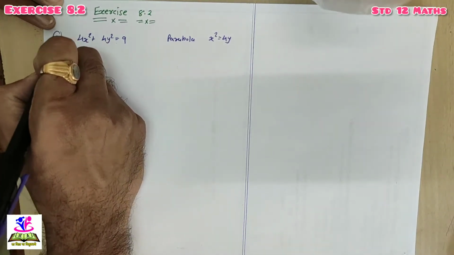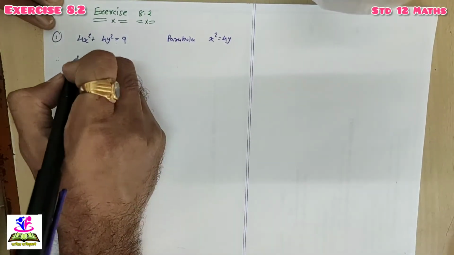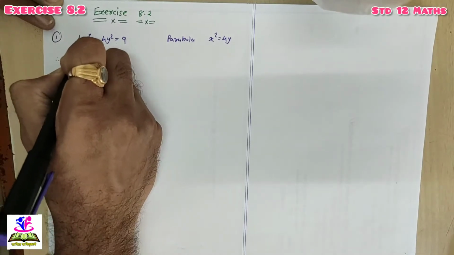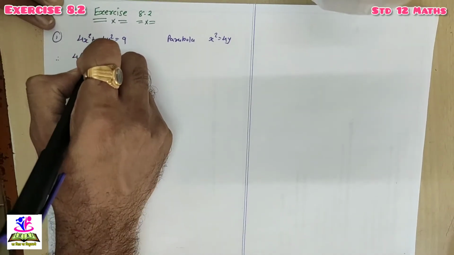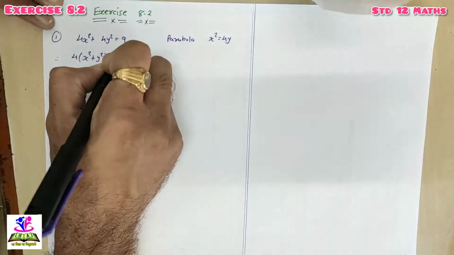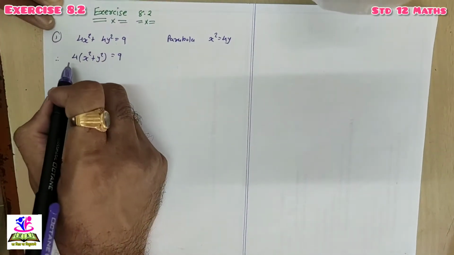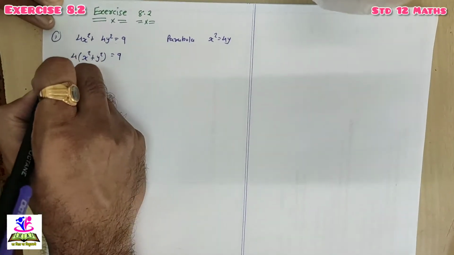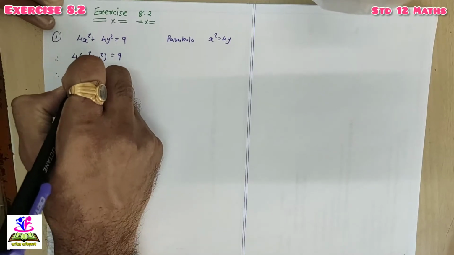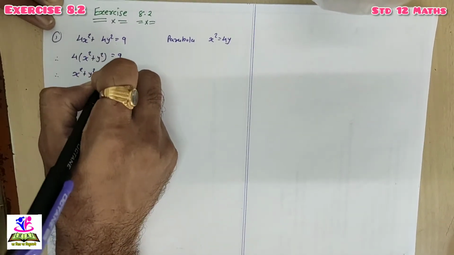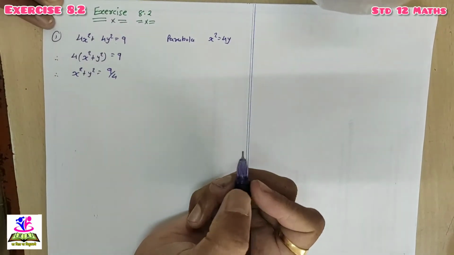Here we have to write this given equation in standard form. Taking 4 as common, we get x square plus y square equal to 9 by 4. Therefore, x square plus y square equal to 9 by 4.